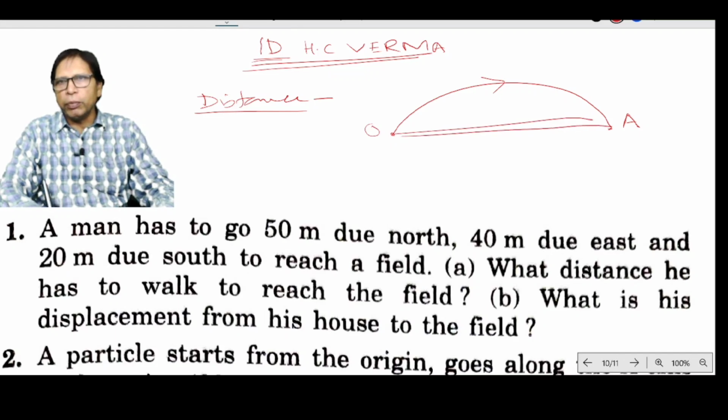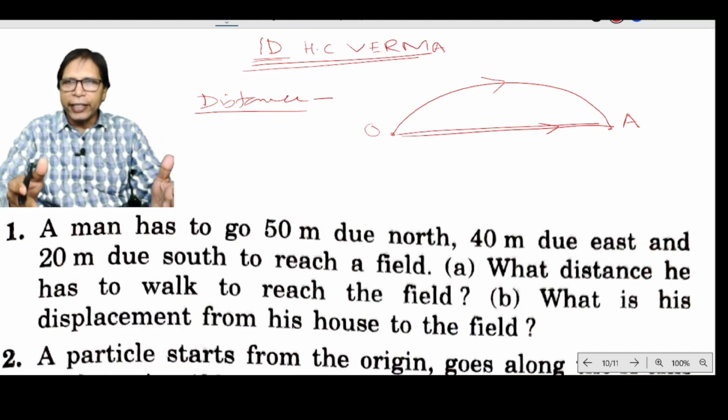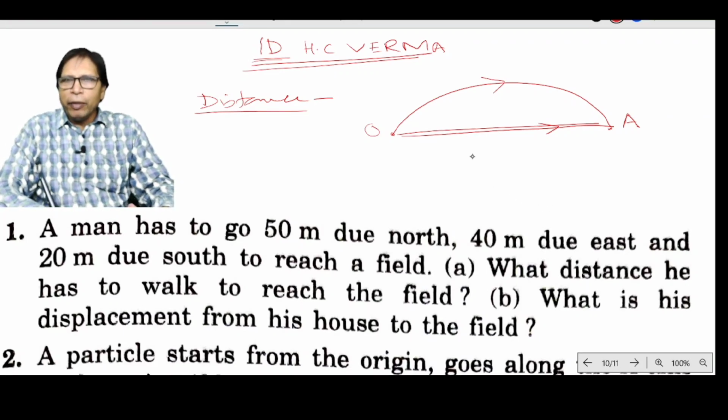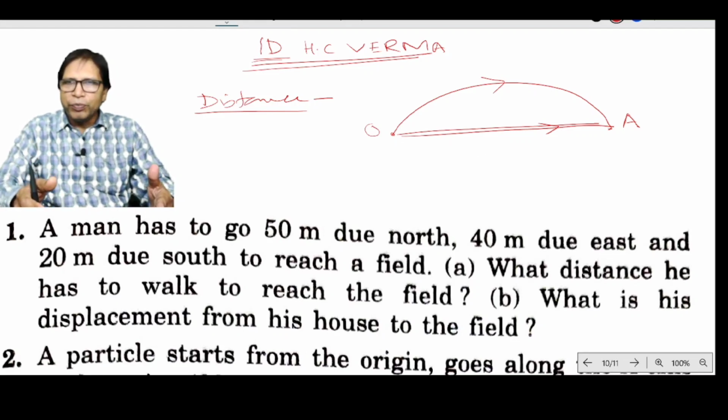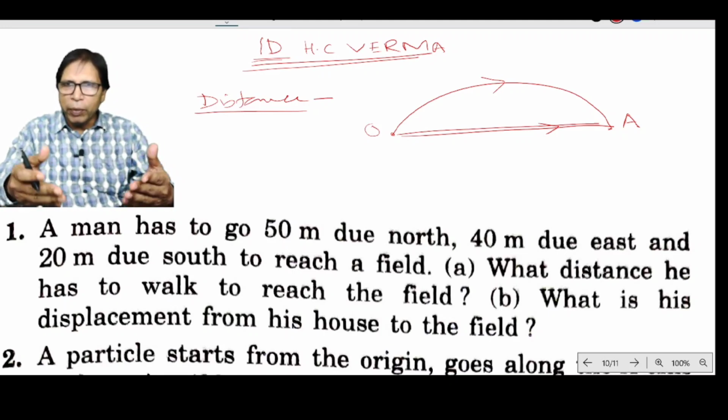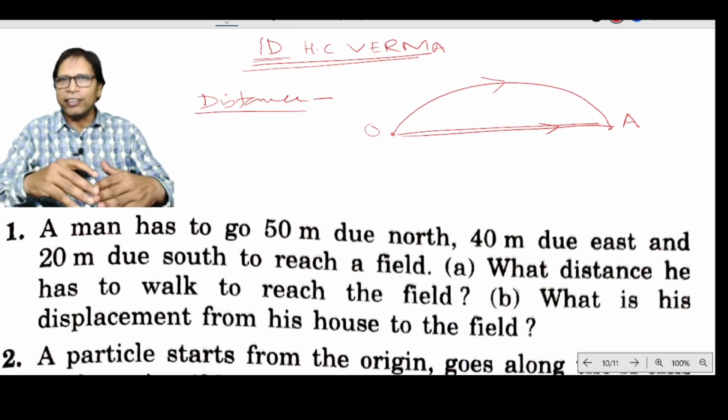The shortest distance between O and A is the displacement. It is a vector quantity directed from initial point to final point. It may be zero, positive or negative. For a moving body, it may increase or decrease.